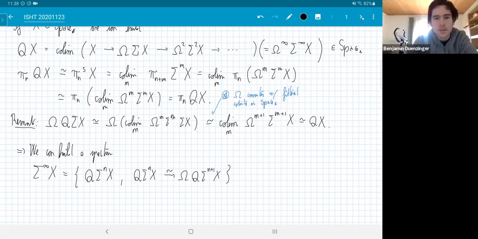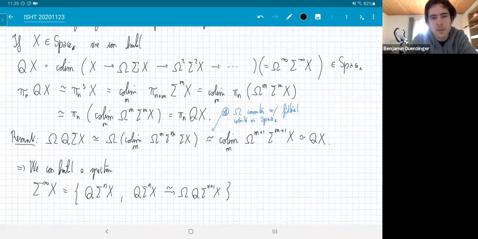Maybe one question about the colimit above. What is the map from omega sigma X to the next thing? Is this just a unit, and omega and sigma commute in some way?